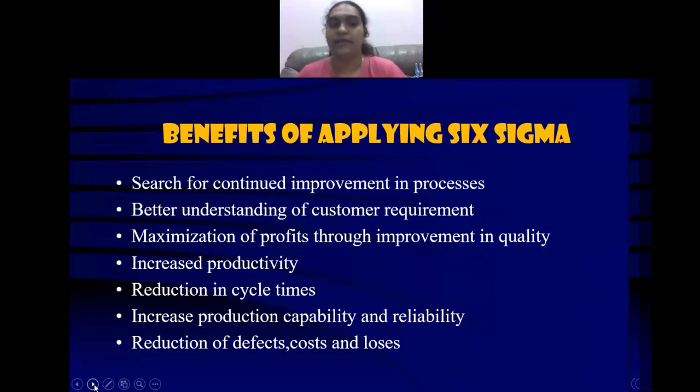The third one is maximum profits through improvement in quality. The next one is increased productivity. The next is reduction in cycle times and increased production capability and reliability. And the last one is reduction of defects, cost, and losses.